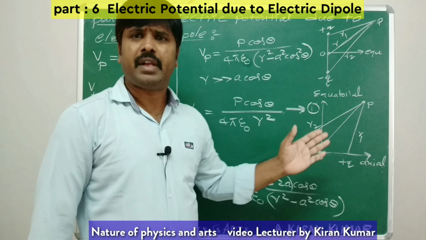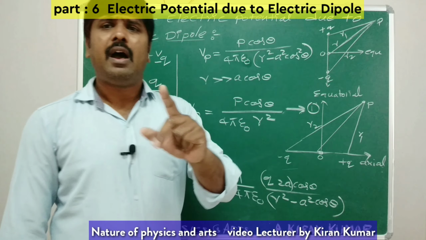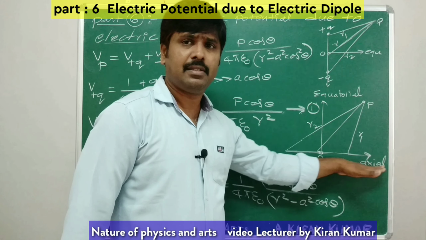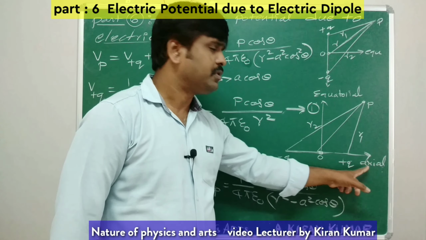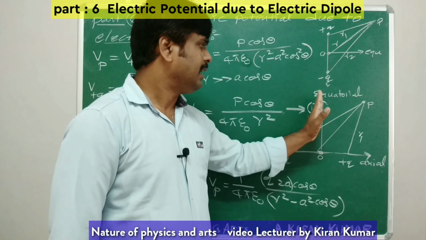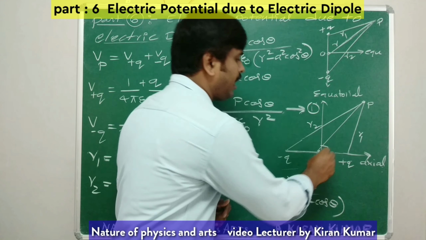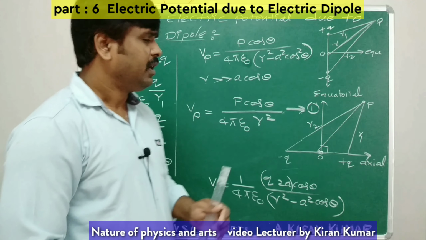Try to understand: in one diagram it is horizontal and in the other vertical, that is the only difference. The dipole direction is from the negative charge to the positive charge. The equatorial line is perpendicular to the axial line and passes through the center of the electric dipole. I will do the derivation.